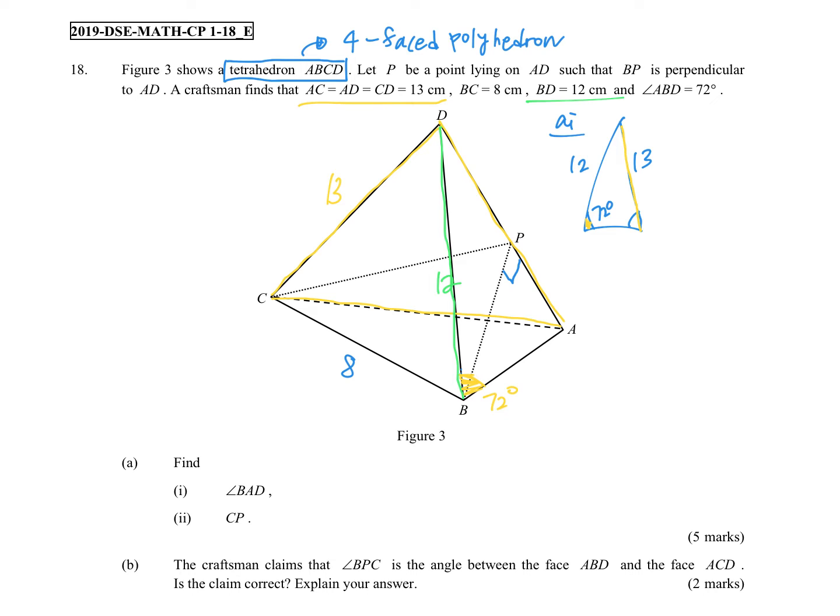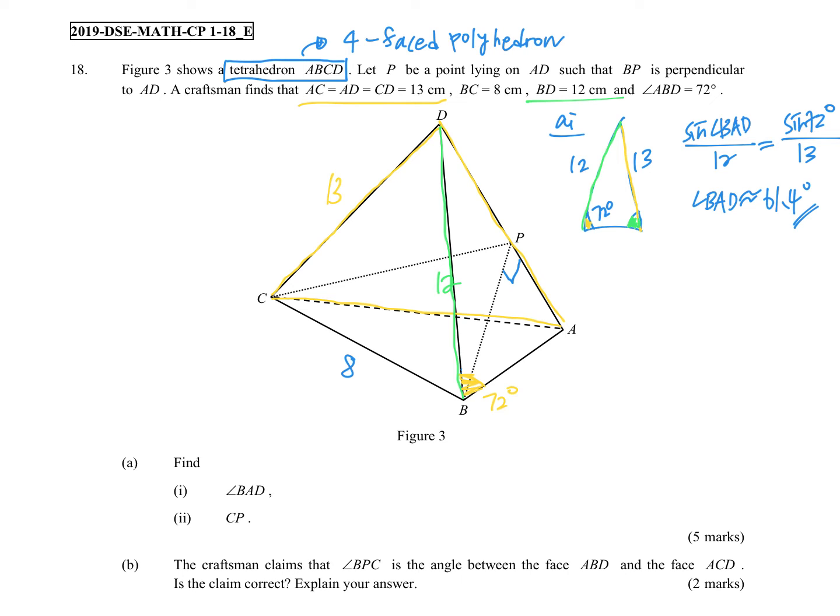And we want this corresponding to 12. So that's easy. Sine angle BAD over 12 equals sine 72 over 13. And then BAD will be approximately equal to, here we use the calculator, 61.4 degrees.